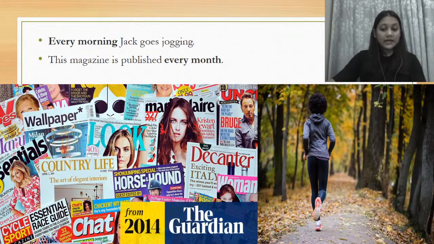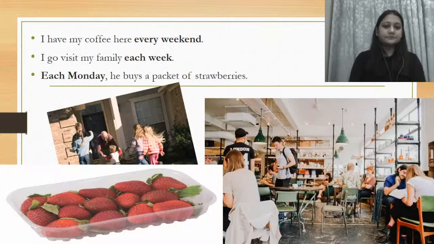Every morning, we came to know just now that with time we have to use every. This magazine is published every month. They publish this magazine every month, right? So we are talking about an event which takes place at a very regular interval of time. That is why we have used every here.